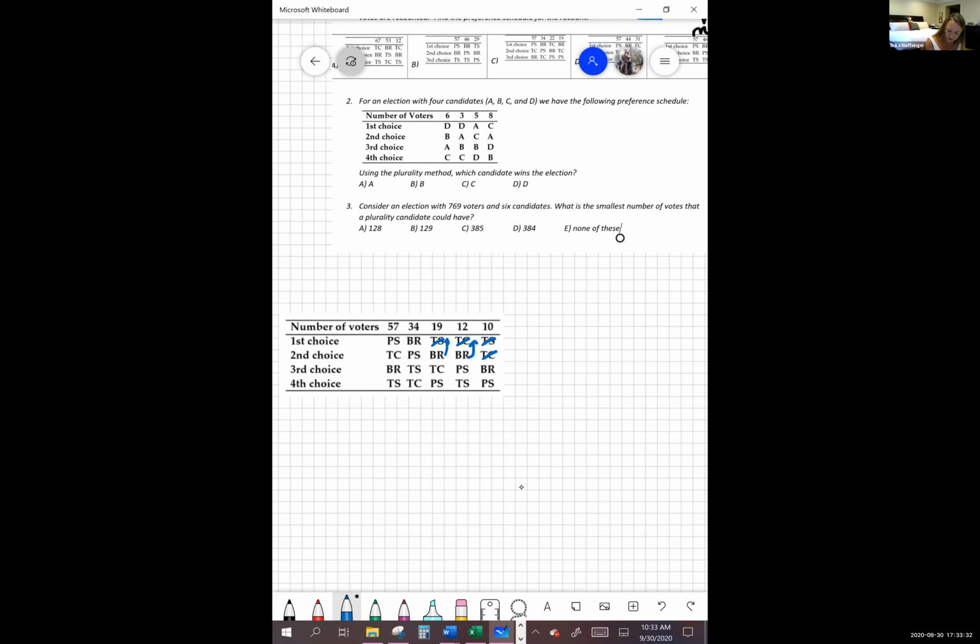And so for the barbecue riblet, looking at first choice, they're now 19 plus the 12. Oops, actually here too, because when we got rid of the tofu stir fry, turkey club was next, but those were also crossed out. So they're up here plus 10. And then they also have here BR, which is plus 34.